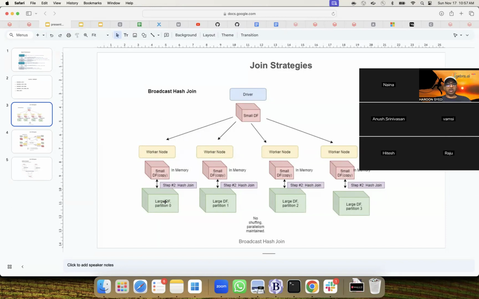Now here, larger data frame, partition 0, 1, 2, 3, 4, gets joined with the entire copy here. So there is no data shuffling across the nodes. If you see in the image, no shuffling, parallelism is maintained. Got this? Everybody?